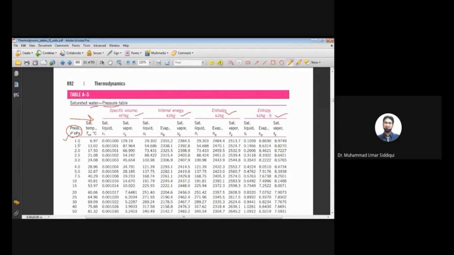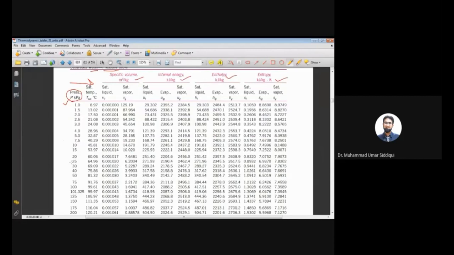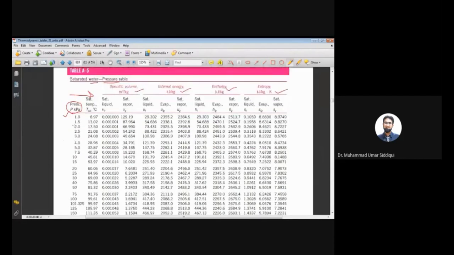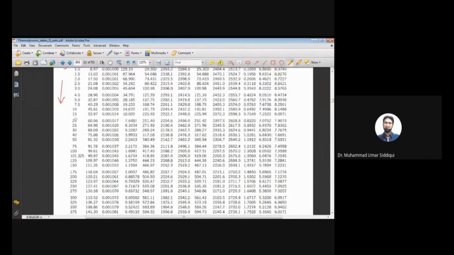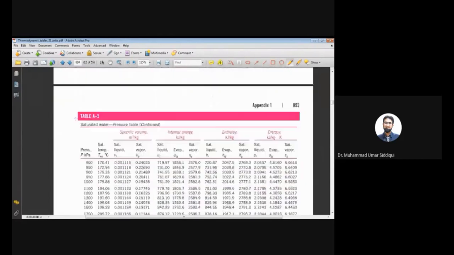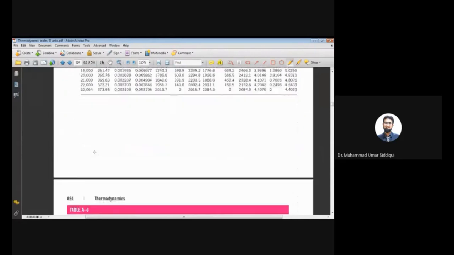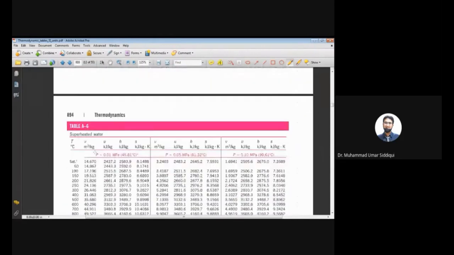So corresponding to different pressures, you have all these properties available with you. So this is the saturated water pressure table. You can see here the pressures are in kilopascal. And we're going to continue this table, table A5, till here. Then we have table A6.